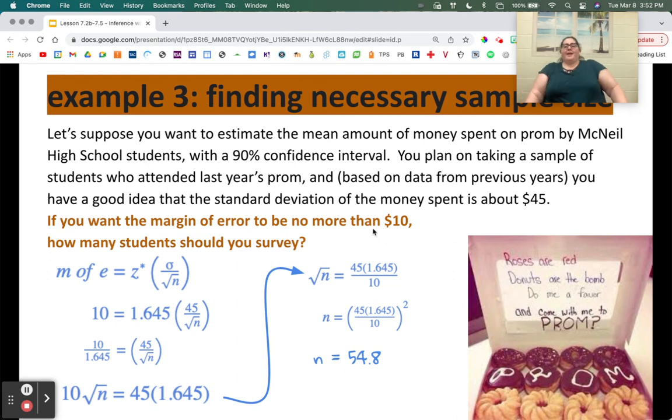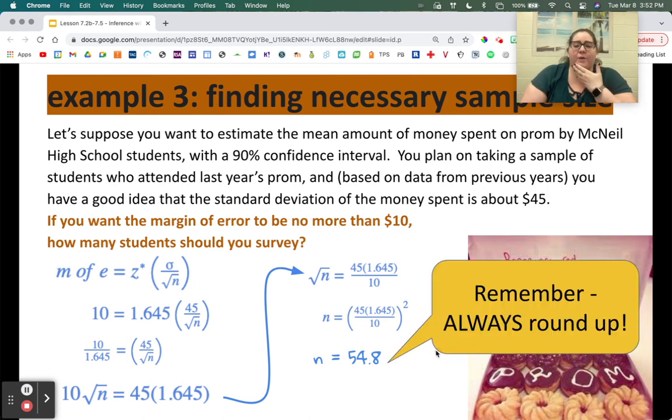That brings us back to, if you remember when we did this with proportions, 54.8 is what I would need, but I can't survey 0.8 of a person. And 54 might not be quite enough. So I always want to go up. So I'm going to say 55 students. And if I had a multiple choice question where my options were 50, 60, 70, 80, I always want to go up to the next higher option.